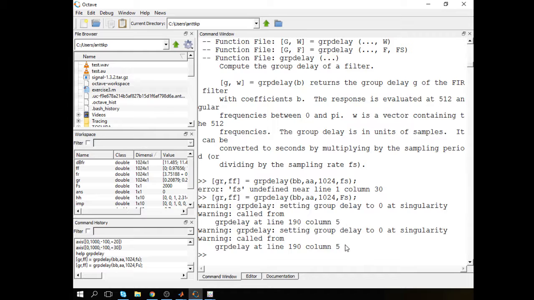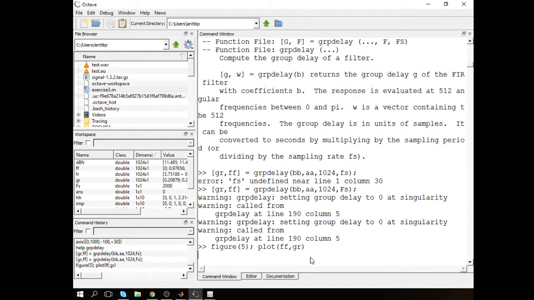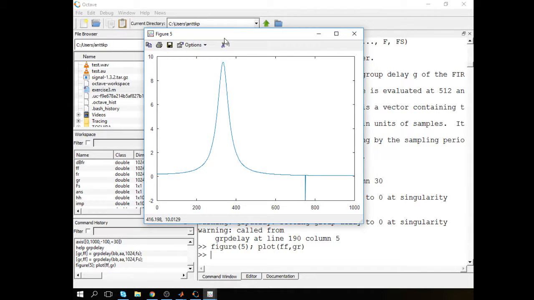Okay. Good. So it has some singularity points, meaning divide by 0. So basically we can then plot on new figure 5 and plot FF group delay.